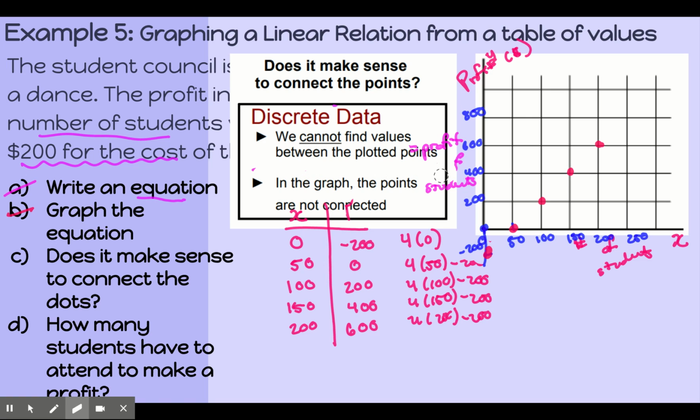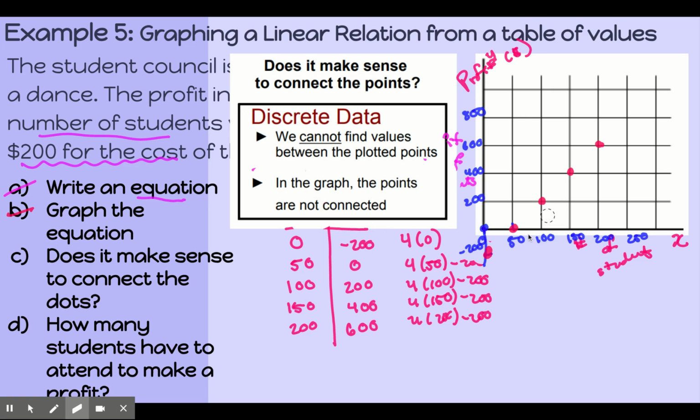It does make sense that you could have a profit of $200.10. That makes sense. Profit does. But can you have 50.5 students? You could have 51 students, but you can't have 50.5 students.